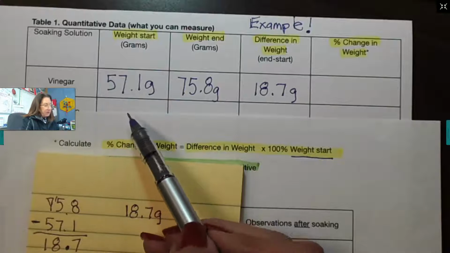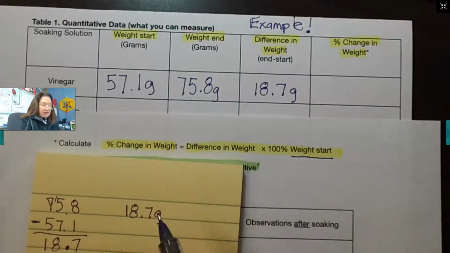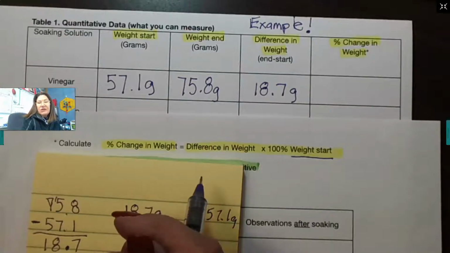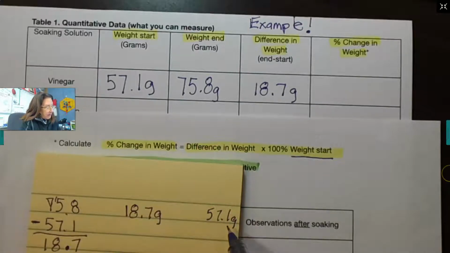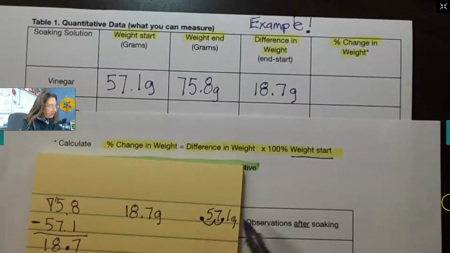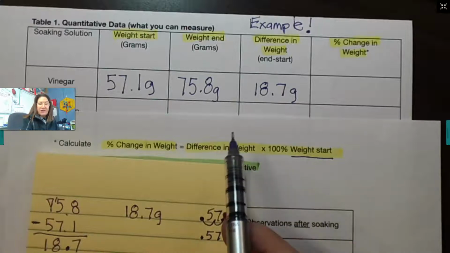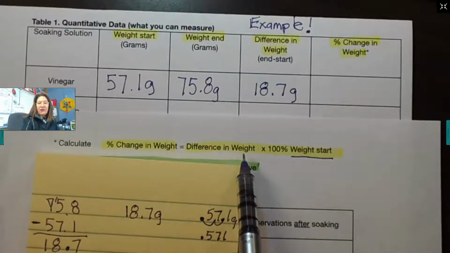So I have 57.1 grams. So I'm going to write that right here for a second. Now to get a percentage, we know that we need to move this decimal place over 2 spots, right? So I'm going to go 1, 2. So it's going to be 0.571. That's my 100%.